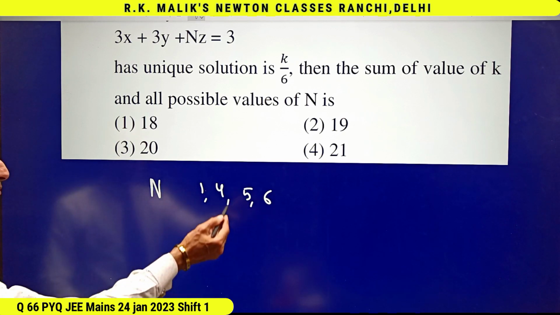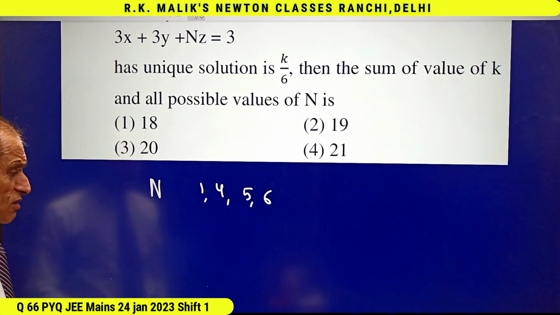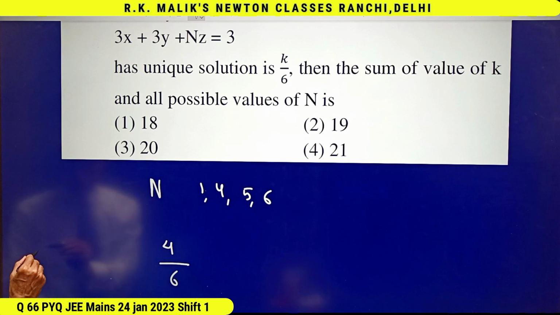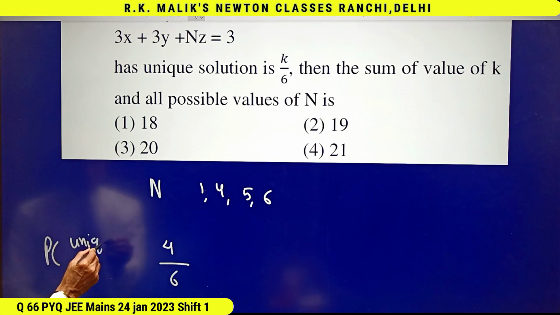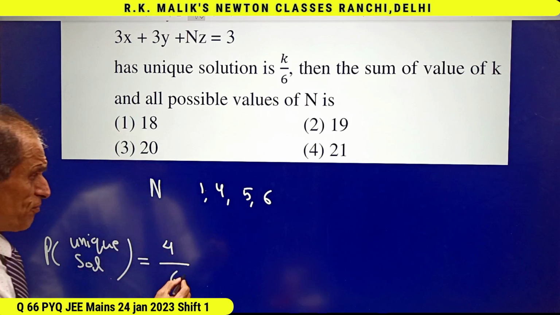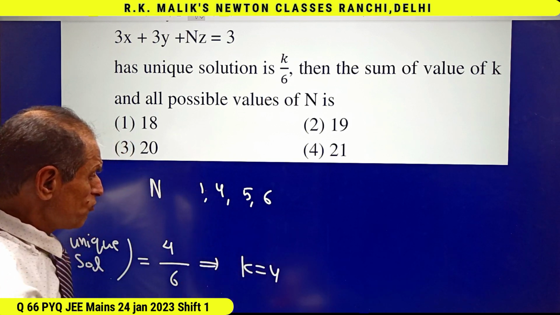Therefore, favorable number of cases are 4, total number of cases are 6. Hence, probability of unique solution will be favorable number of cases upon total number of cases. That is, probability of unique solution is equal to 4 by 6. That is, I say the value of k is 4.